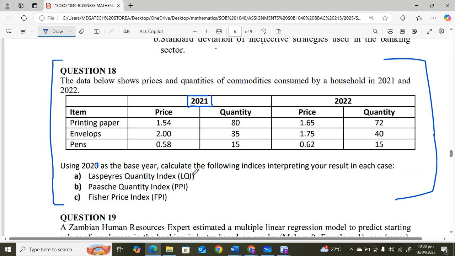Where is quantity index here? Oh, okay. Yes, price. These are all price. It's a typo, madam. There's no quantity. Yes, this is measuring inflation, and inflation is about prices.